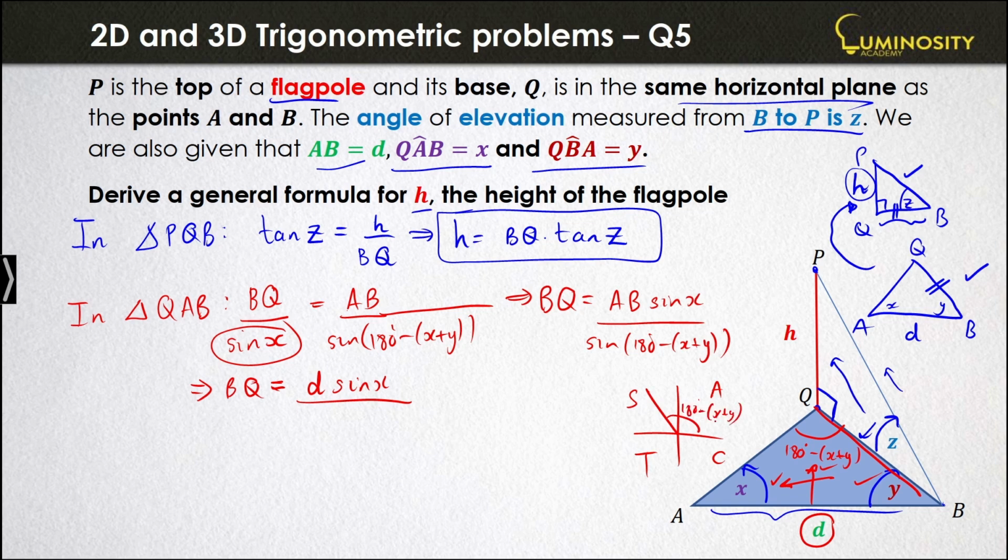And because sine is positive in the second quadrant, it's just going to be sine of that angle, X plus Y. So there I've got an expression for BQ.